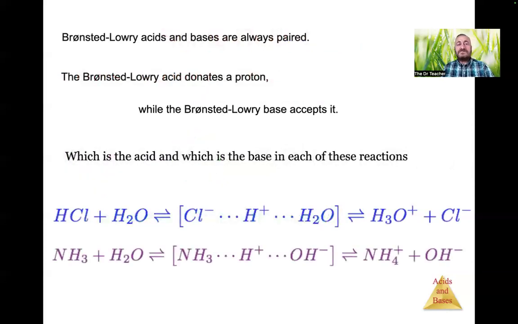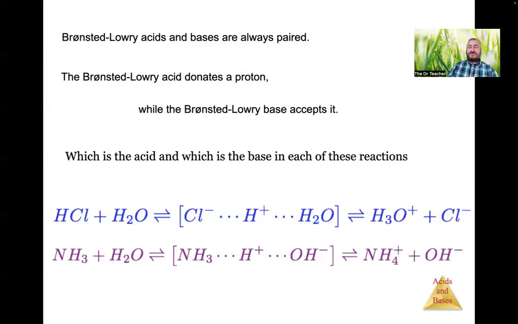So Brønsted-Lowry acids and bases are always paired, always paired. The Brønsted-Lowry acid donates a proton, while the Brønsted-Lowry base accepts a proton.